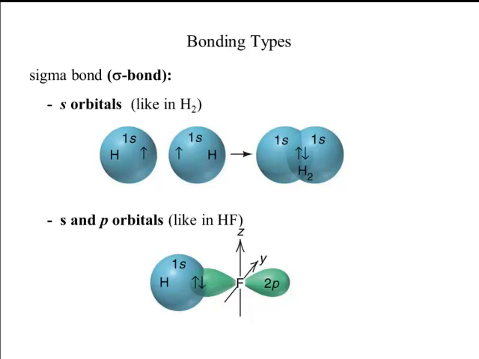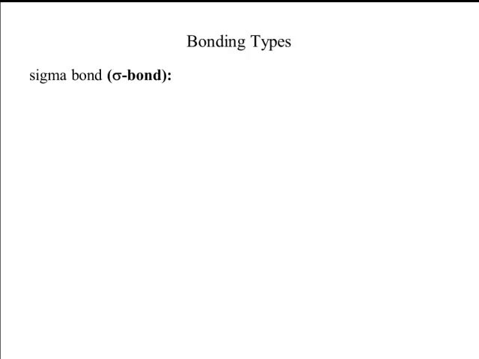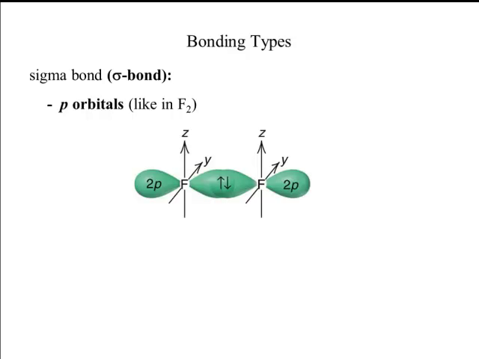So if I take the 1s orbital from hydrogen and overlap it with the 2p orbital from fluorine, end to end, I get a sigma bond there. Could also have a sigma bond formed from p orbitals, but they have to be end-to-end overlap of those p orbitals. They can't be side to side. If they're side to side, that's a pi bond. So we can have end-to-end overlap.